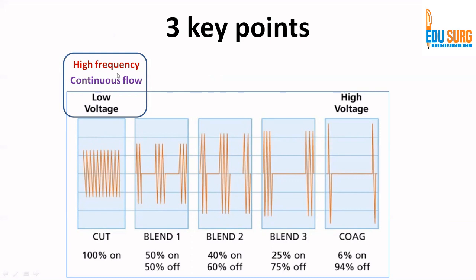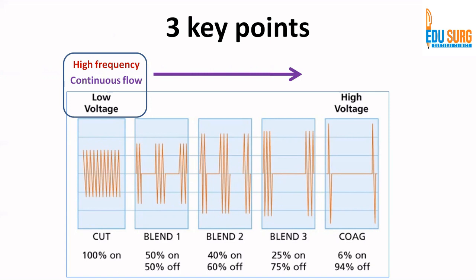Now we talk of the flow. You can see here a gap in the flow of the current. This is a gap in the flow of the current, gap in the flow of the current, right? So voltage, frequency, and flow, right? So when you have a low voltage, high frequency, continuously flowing current, the cautery setting is known as CUT, right?